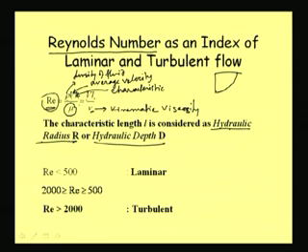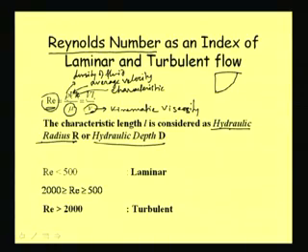Now this term is used to express how turbulent the flow is. Why? Because suppose you consider that in a channel water is flowing with a velocity v, and the water is becoming turbulent there.